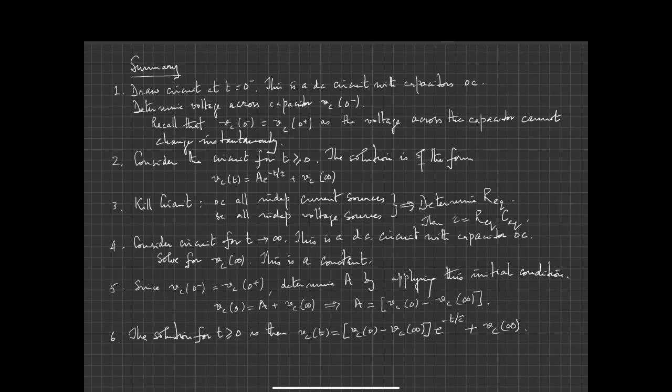And that's it. So, for circuits which can be reduced to an R equivalent and a C equivalent, this is the process that one must follow. It's very straightforward. Recall that at each point in the game, you are essentially solving a DC circuit problem, and that we know how to do.